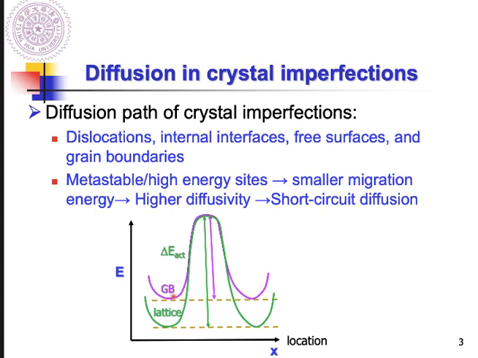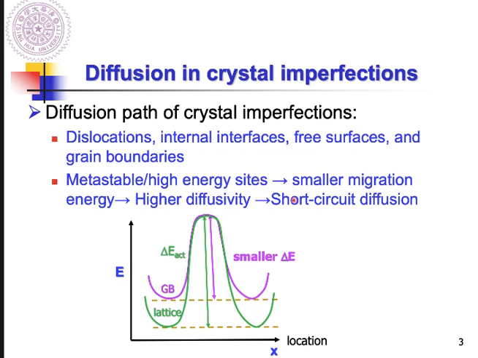When the atom is located at a grain boundary, its energy will be higher and metastable at the grain boundary site. So due to the higher energy, it results in a smaller activation energy to allow this atom to move from this location to this location, right?